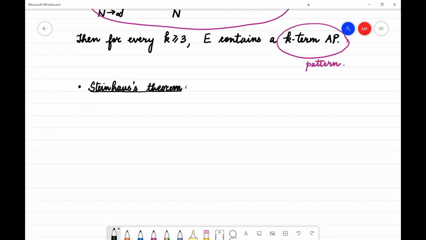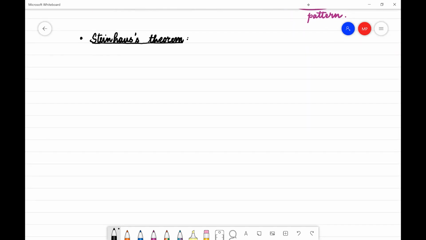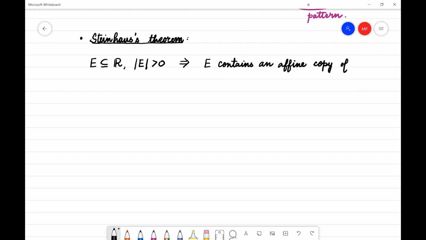So what does Steinhaus's theorem say? I'll just state, this is true in all R^d, but let's just stick to the real line for now. Suppose E is a subset of R, and the Lebesgue measure of E is positive. Then Steinhaus's theorem says that E contains an affine copy of every finite set.